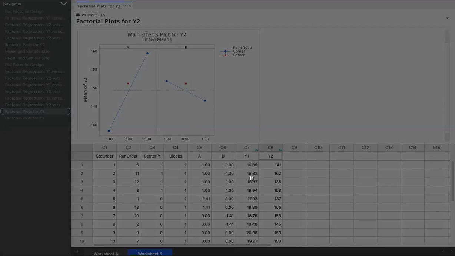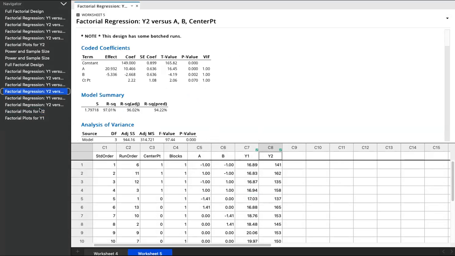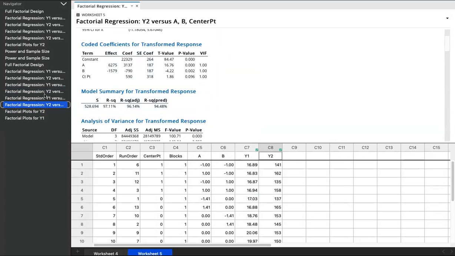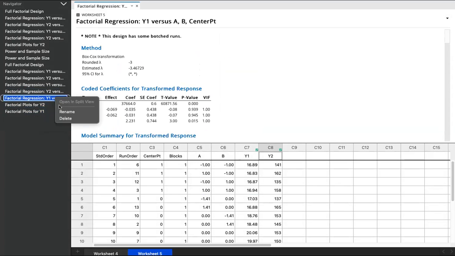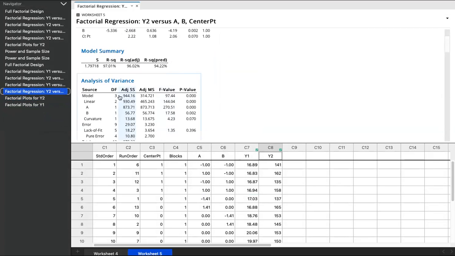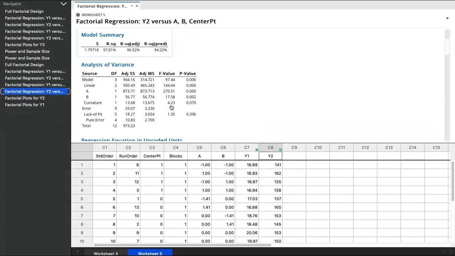Good. Okay, let's see. Which was, yes, this. Well, before the Box-Cox transformation, we're going to use this. Okay, the effect 5.336 and standard deviation 3.230.